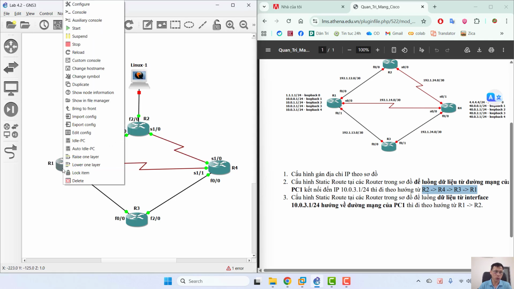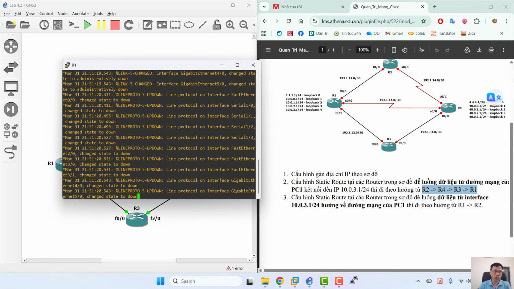Now I want to make a route, so I will go from R1 to R2, R4 and then R3. I will click and select console.